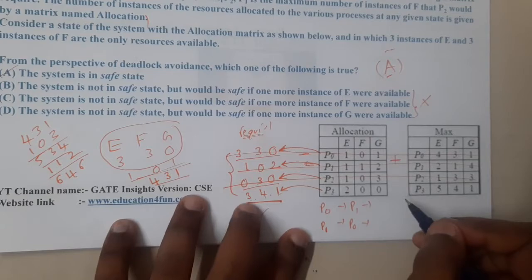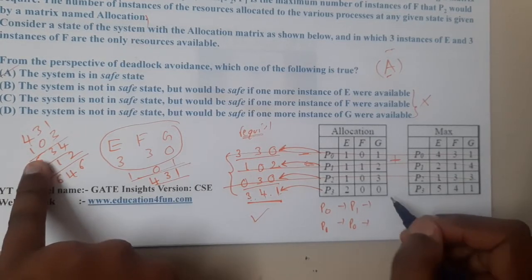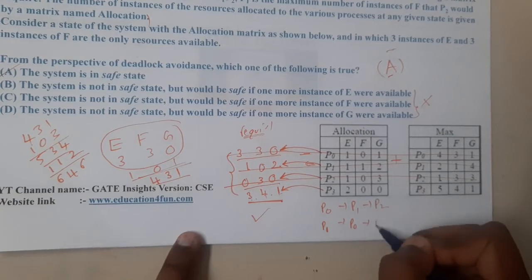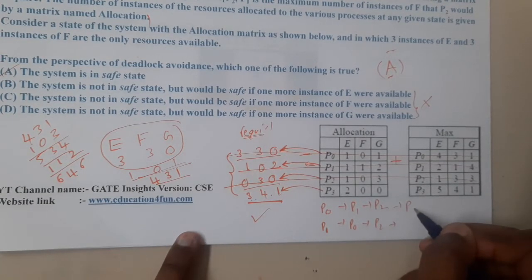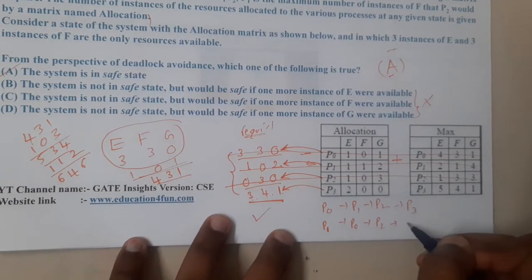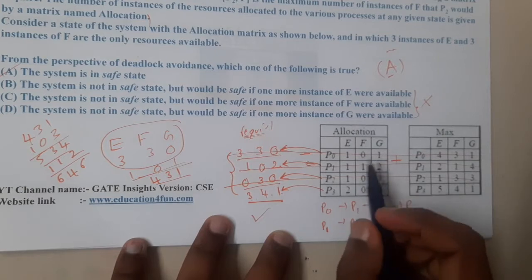After this, whom have we executed, guys? Once we got 4 3 1, we executed P0. After that, we executed P2. After that, we executed P1. After that, we executed P3, right? Or did I make a silly mistake here? First, what did we execute, guys?